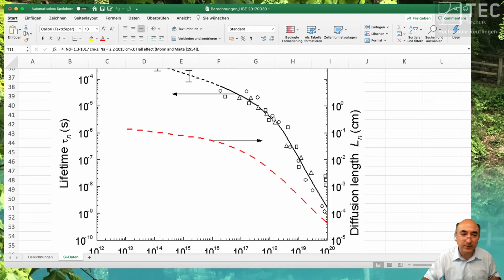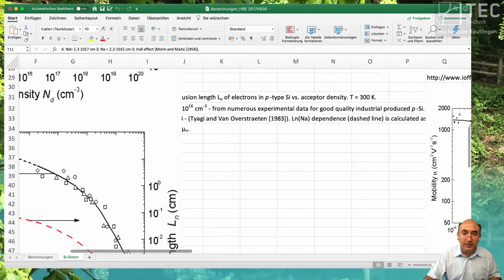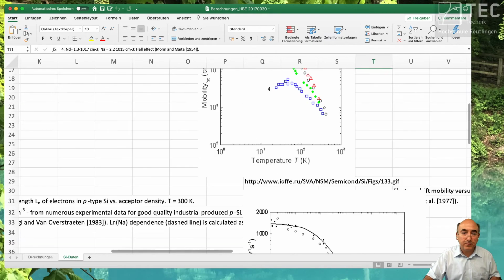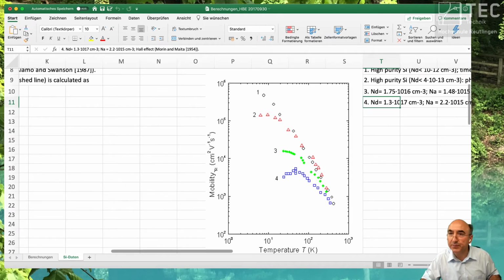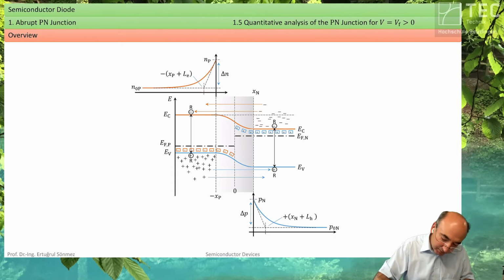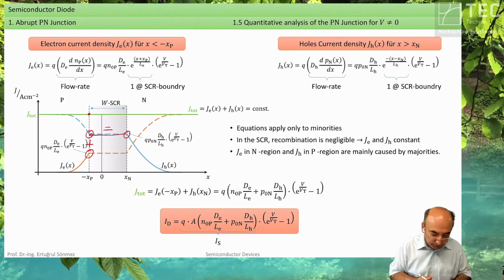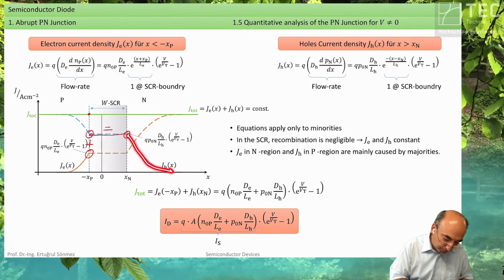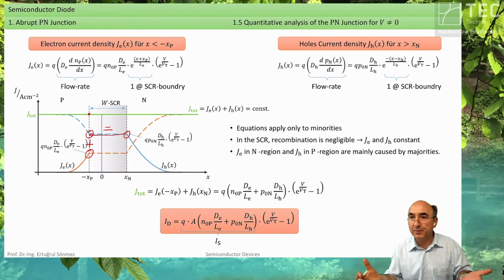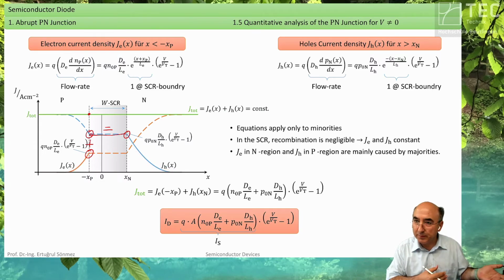Due to these lifetime changes, due to the different mobilities of that stuff. So different mobilities, different diffusion coefficients, different lifetimes result in different current densities. Combined with the doping levels, we have the reality.